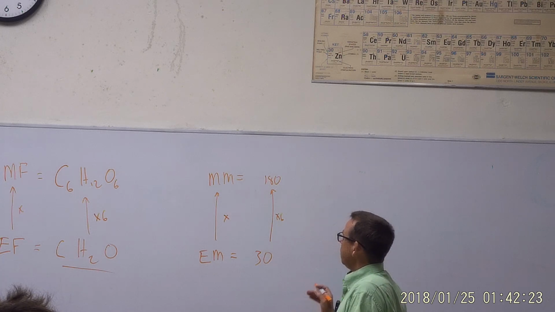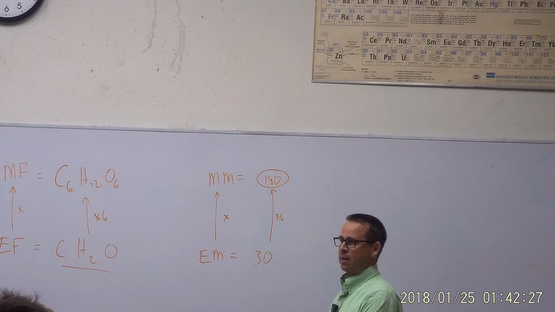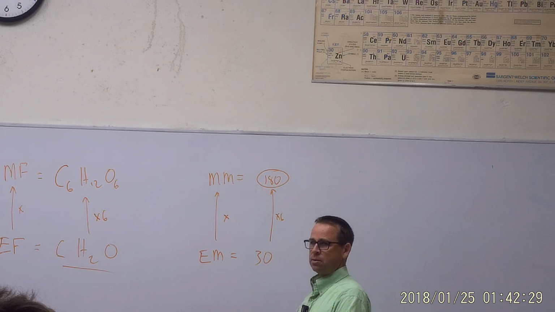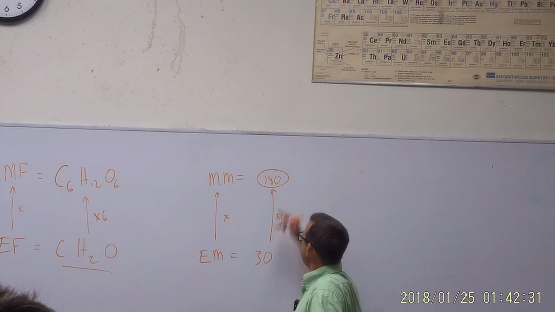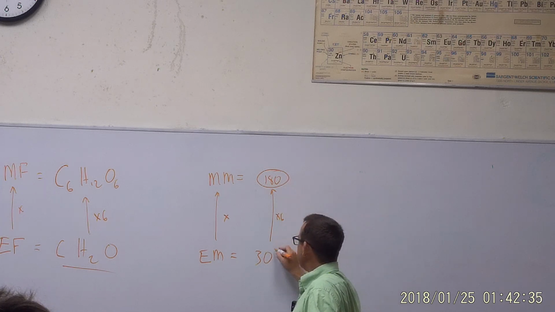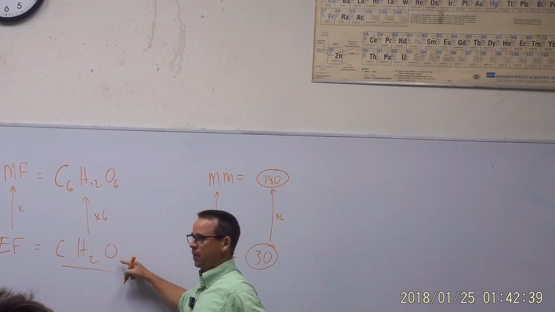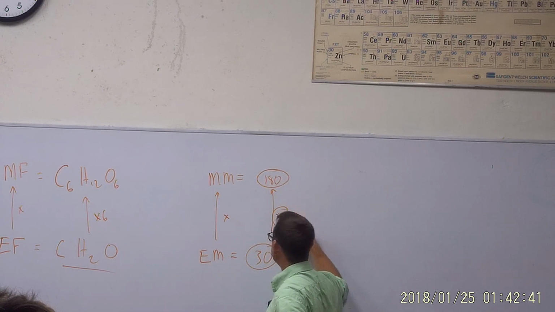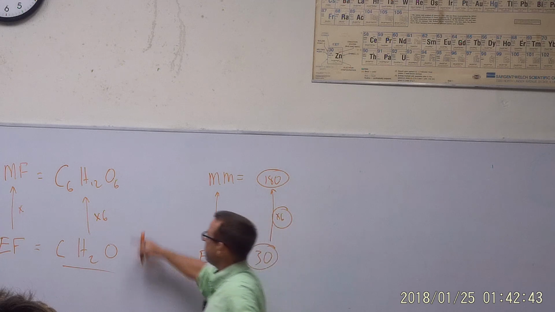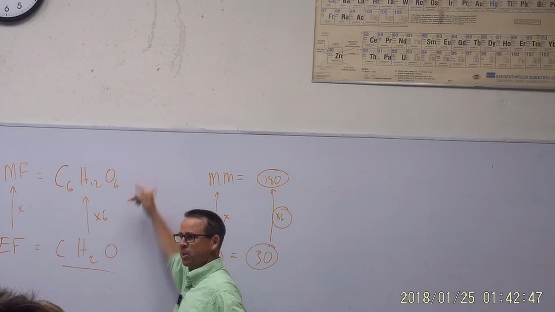To get there, we need to have information about the molecular mass, because once we have information about the molecular mass, we can get information about the empirical mass because we can get the empirical formula. And that'll allow us to solve for this multiplier, and then we can find out what the molecular formula is. Okay?